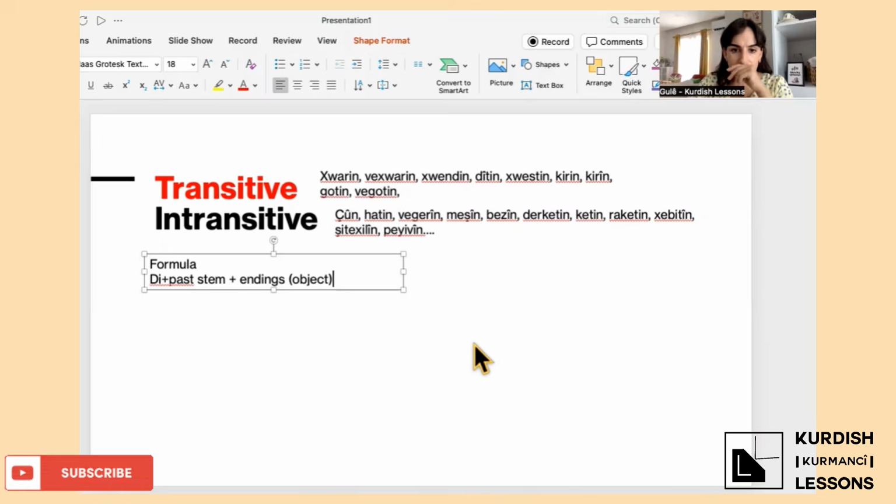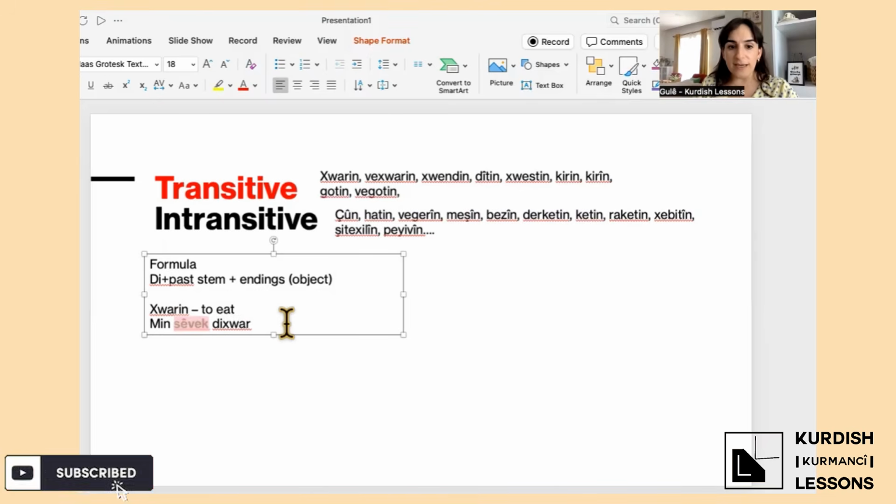Okay? So khwar, to eat. Okay. So men say that the khwar, no endings because the object is singular. So for singular objects, no endings.